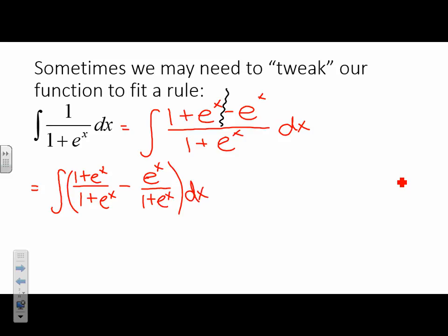Okay, we can split our fraction in 2, which really means we have the integral of 1 dx minus the integral of e to the x over 1 plus e to the x dx.